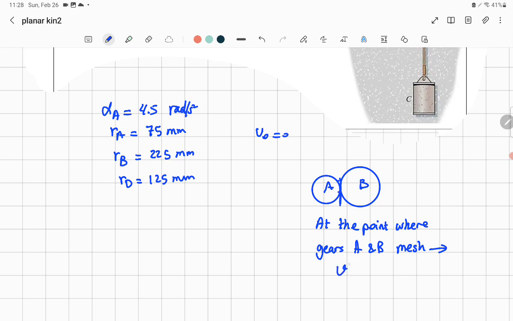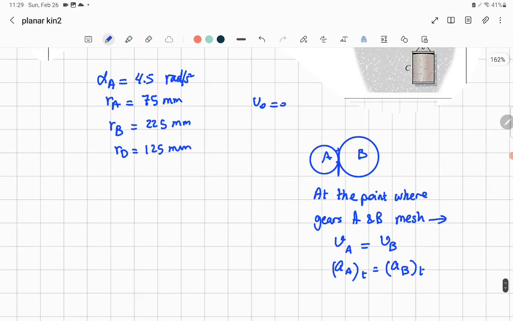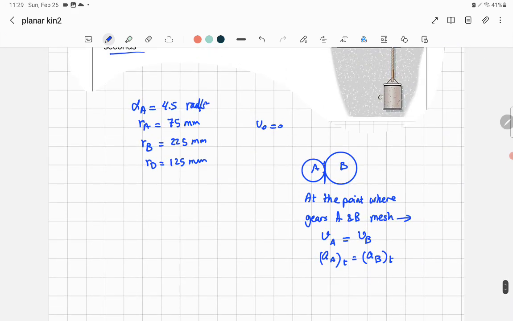So V A and V B, the linear velocity, and the tangential acceleration component of A should be equal to the tangential component of B. That's important. Always look for this condition because it will make the problem easy.